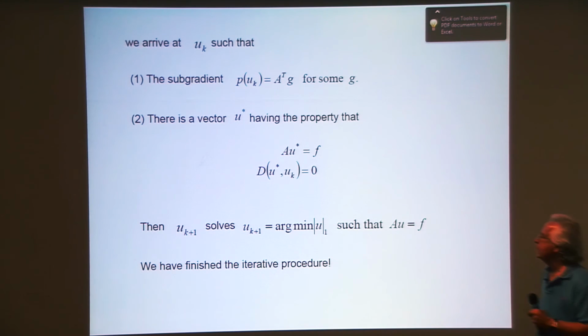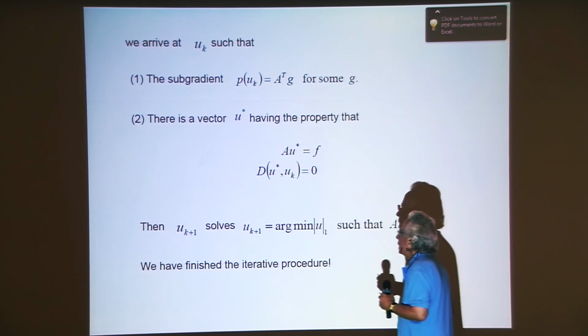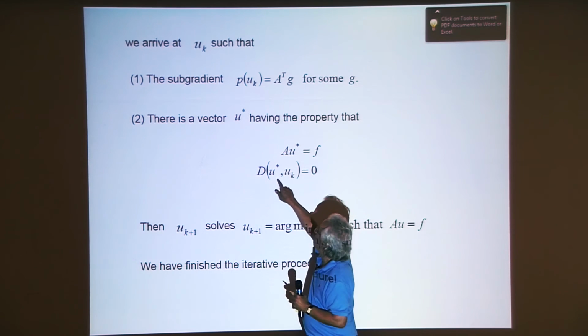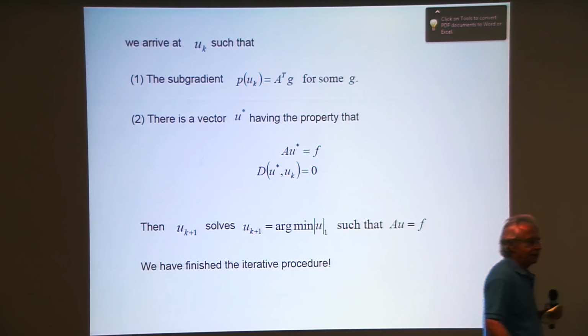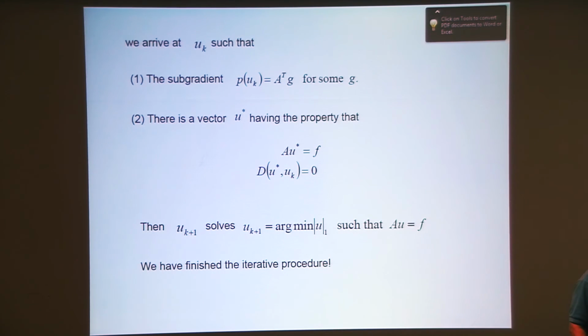Now, first of all, if this was strictly convex, that would mean that u star equaled u^k. So it's hard, and you don't get anything very good. If it's strictly convex, the Bregman distance is 0 if and only if u star equals u^k. That's hard to happen, and that means you got to some unique minimum, which is unlikely in your iteration.